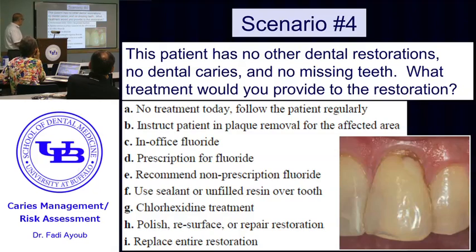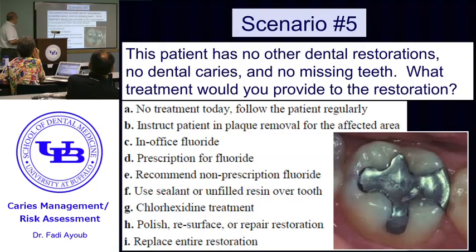The only problem they have is this one, okay? What treatment would you provide? It's exactly the same series of options as the other one. Last scenario here is the same thing, the patient has no dental caries, no missing teeth, and what would you do?